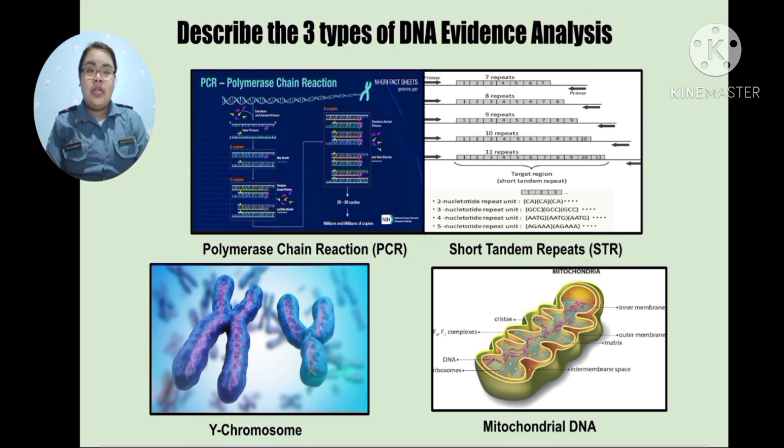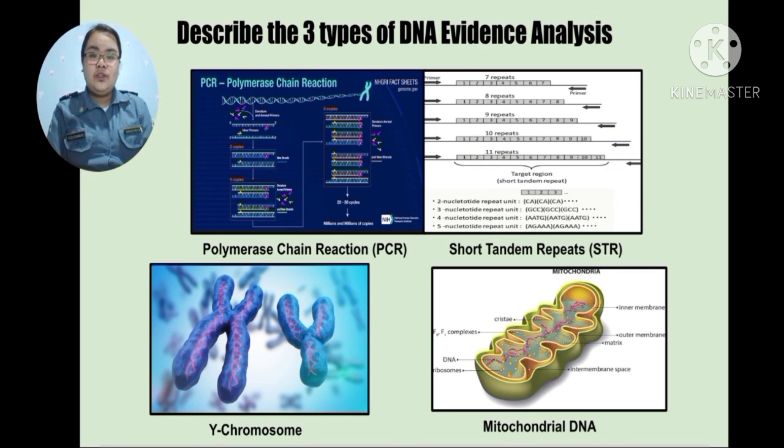So, let's proceed to the mitochondrial DNA. So, mitochondrial DNA. So, sa mitochondrial DNA naman daw po, ito daw po yung analysis na nag-aalalay sa mga forensic laboratories para makapag-develop ng DNA profile sa evidence na hindi angkop for STR analysis.